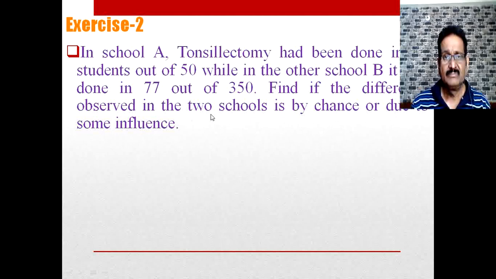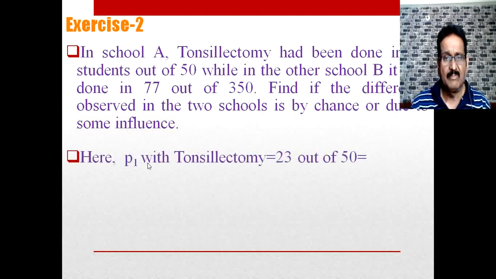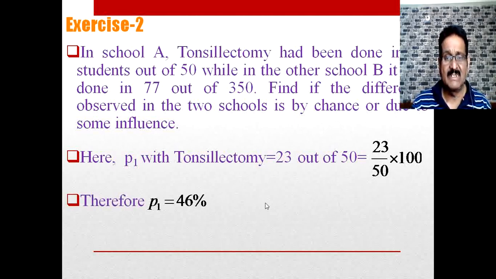So here the positive character is 23 out of 50, from which we can calculate P1 for school A, while for school B it is 77 out of 350. So we find our P1: 23 out of 50, that is 23 upon 50 into 100, the proportion P1, that is 46%.